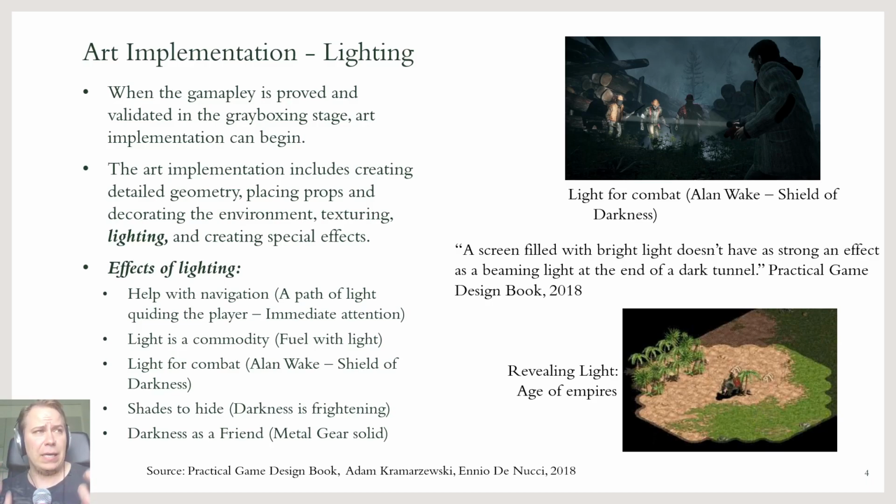So when you begin this grayboxing, it's important to get it proven. The art implementation includes creating detailed geometry after the grayboxing stage, placing props and decorating the environment, adding textures later on, and lighting as well.